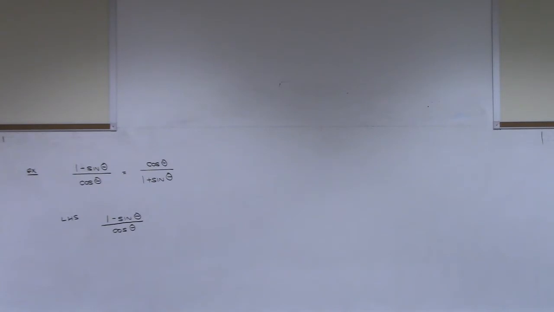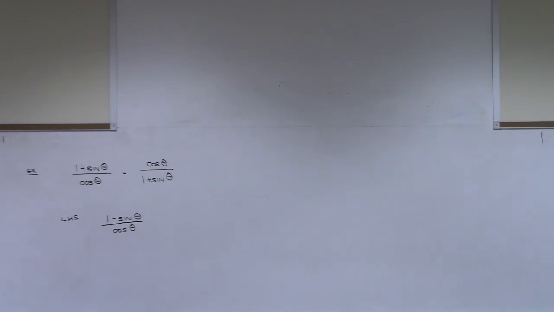That would be legitimate, and it would make some sense, because I would get a cosine up top. Probably just turn the 1 into cosine over cosine. We could do that. Then we would probably need to put those two together with a common denominator. Okay, that would be legitimate.